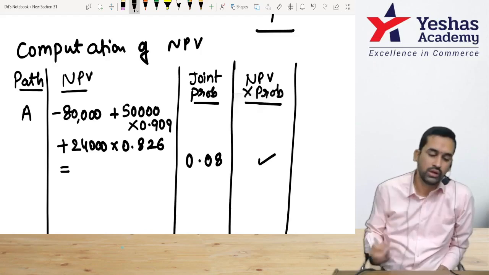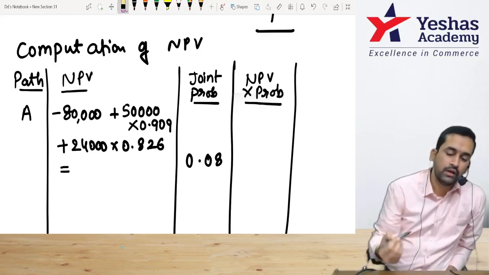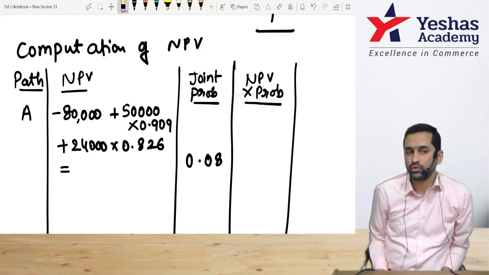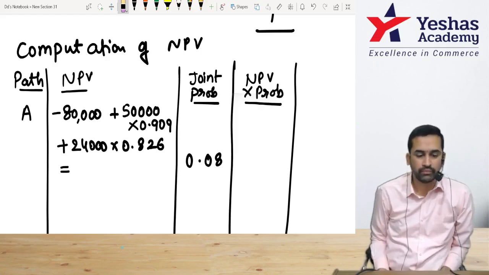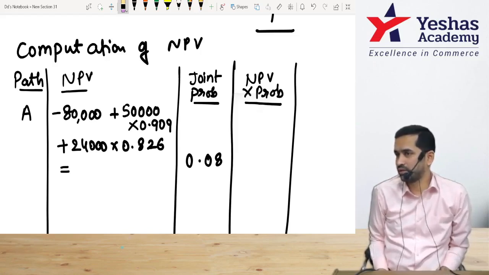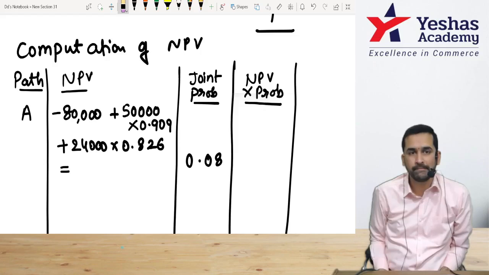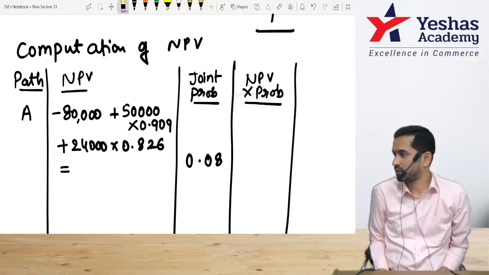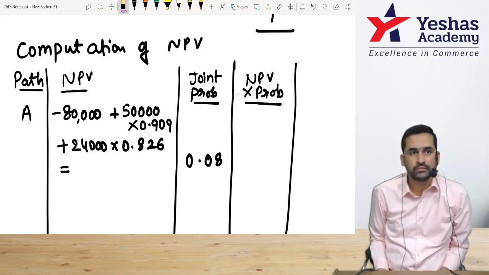Yes, start now. Path A. Go to tree, then you will get to know what to write. For path A to happen, it should be minus 80,000. That is year 0. So discounting factor you don't need. Plus 50,000 in year 1. But since it is year 1, I need to multiply with discount factor 0.909.